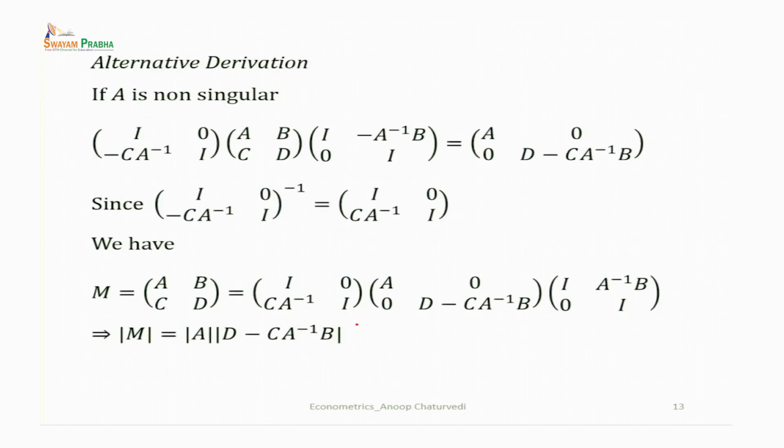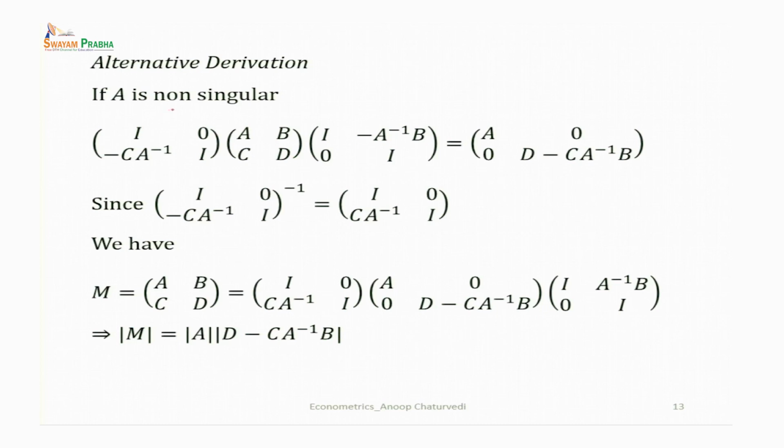Another alternative derivation of this result is, suppose A is non-singular. So, you can apply this method for the case when D is non-singular also. Just you have to slightly modify the derivation.